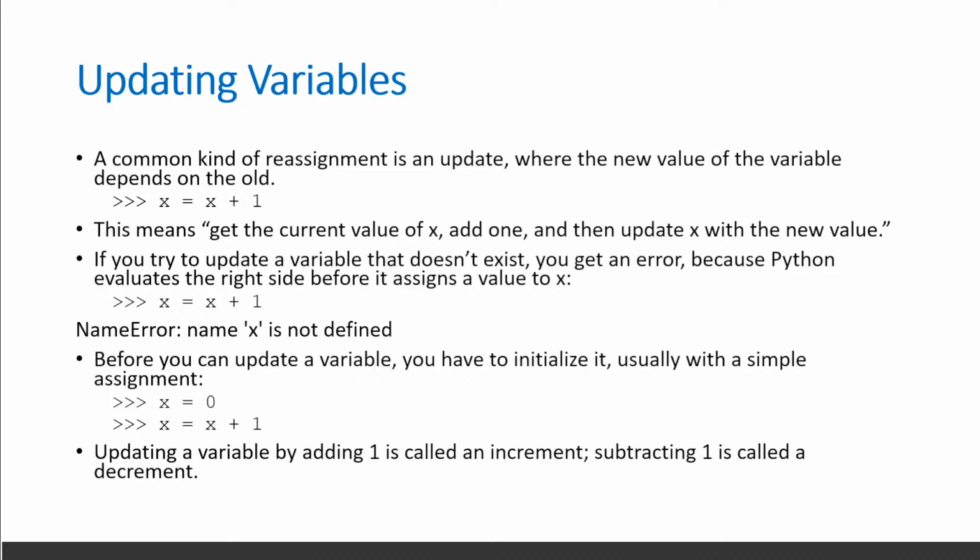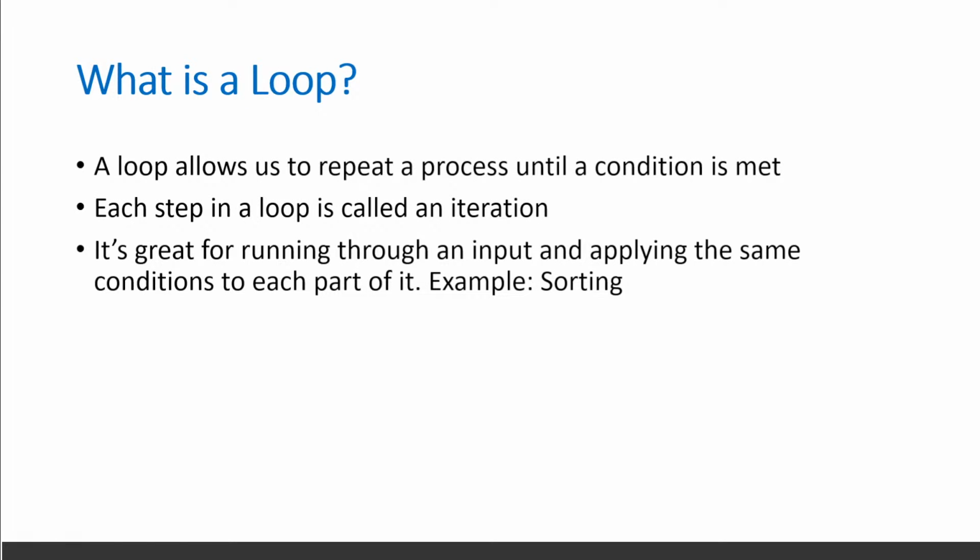What does that mean? Well, whatever value was in x before, I take that value out, I add 1 to it, I put it back in. So if 3 was in there before, I take 3 out, I add 1 to it, that becomes 4, I put 4 back in, so now the value that is in x becomes 4. So now I can count, right, which makes a loop important.